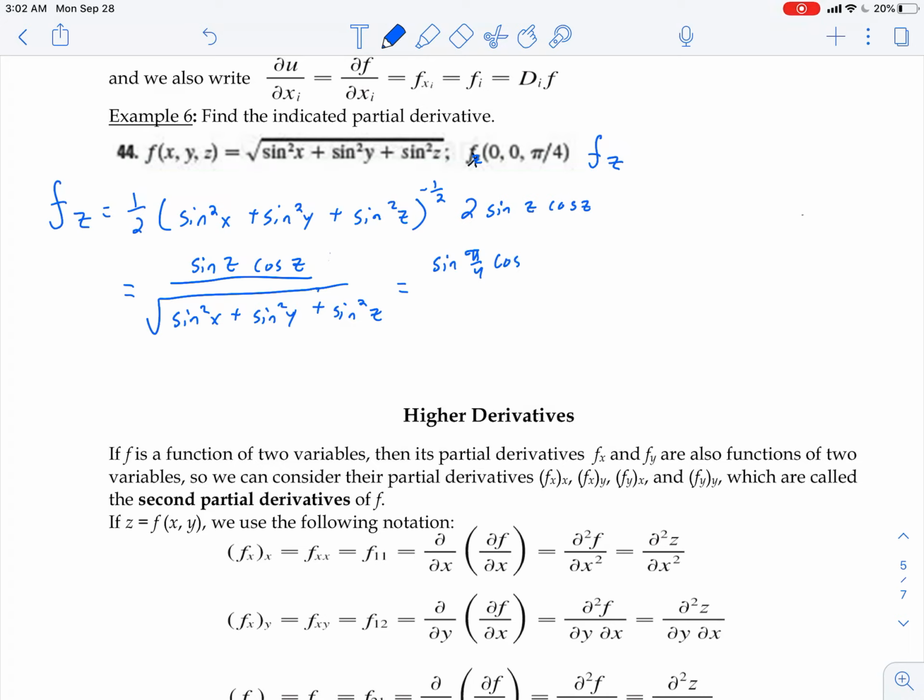Now we can substitute in our x's, y's, and z's. We're going to get sine of pi over 4 times cosine pi over 4 over the square root of sine squared 0 plus sine squared 0 plus sine squared 0. Not 0, pi over 4.